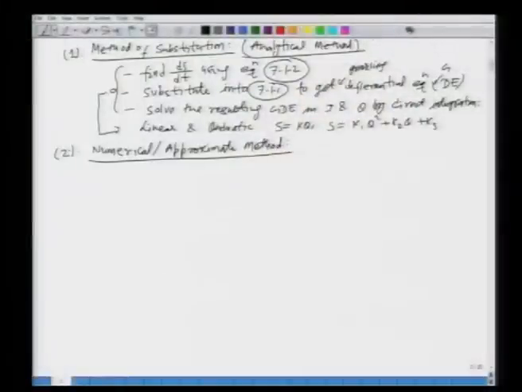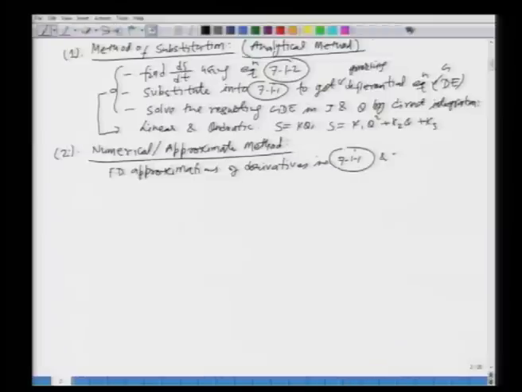So, in the numerical methods, the finite difference approximations of the derivatives in 7.1.1 and 7.1.2 are used.